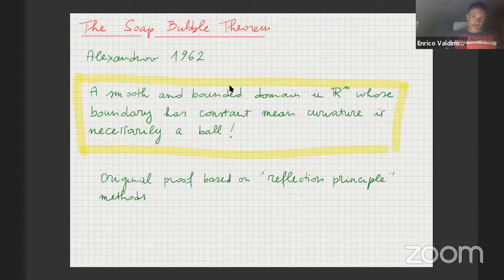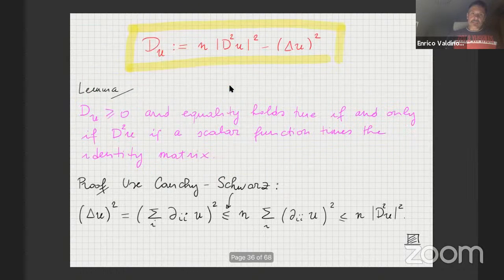We used this previous knowledge of geometric identities, but also a beautiful trick based on the introduction of a deficit. The deficit was the difference between the square norm of the Hessian and the square of the Laplacian. This was a positive quantity, and when this quantity is zero, then the Hessian is proportional to the identity.